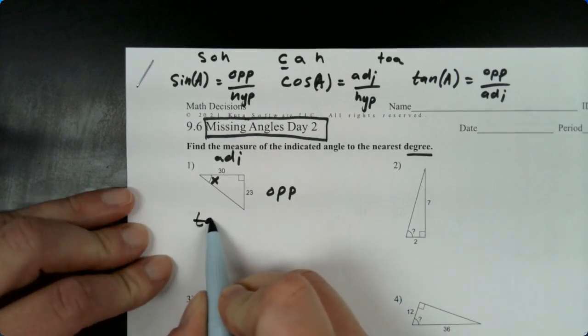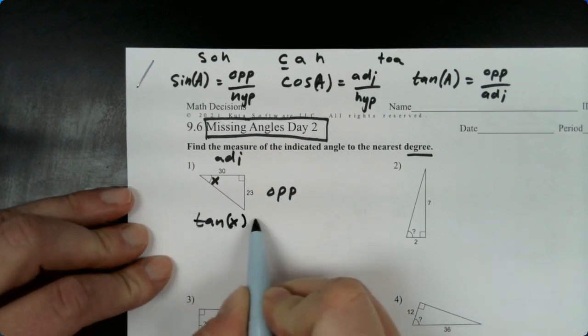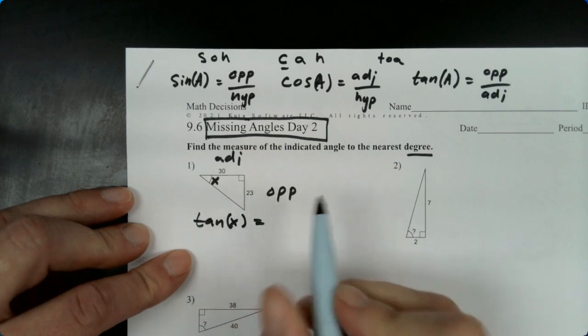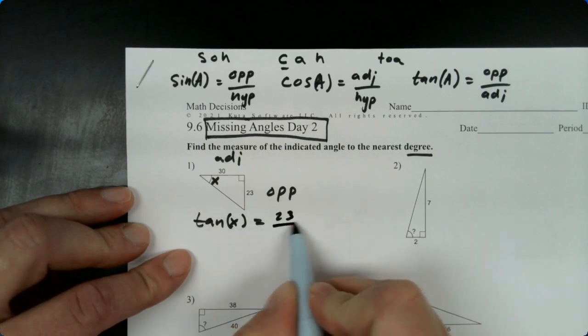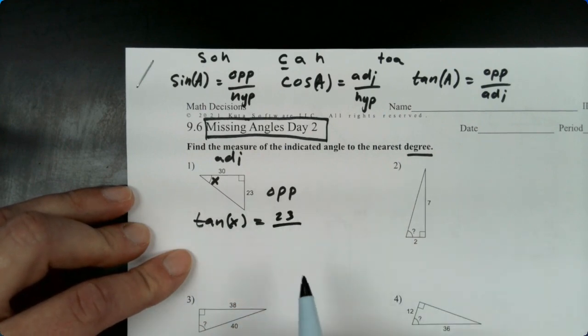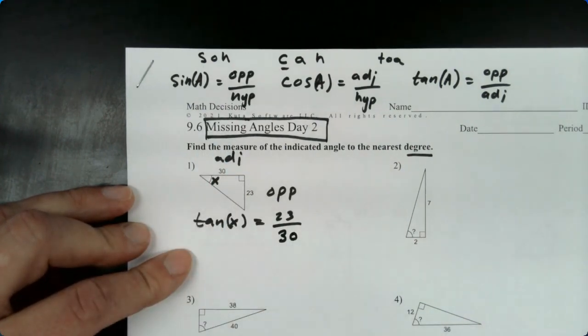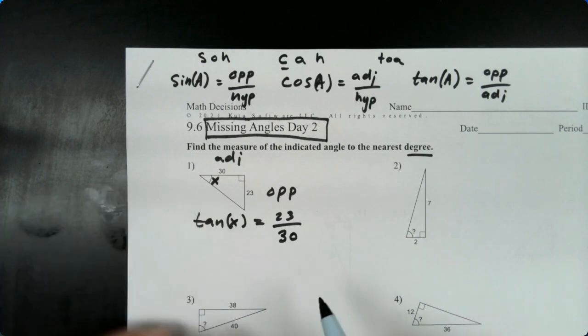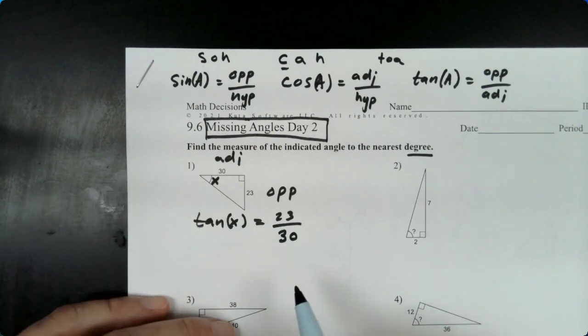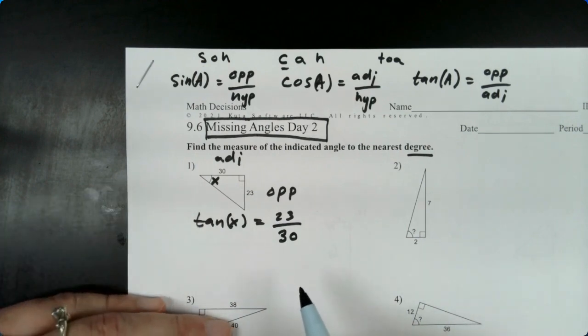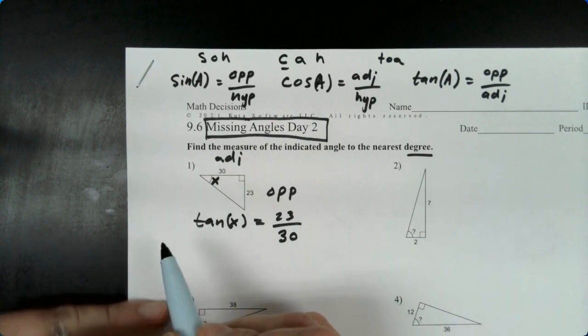We're doing tangent of X equals the opposite side, which is 23, over the adjacent side, which is 30. And again, if you can do this without us, you can, we're just reviewing. So if you don't need to remember with us, go ahead and move forward.